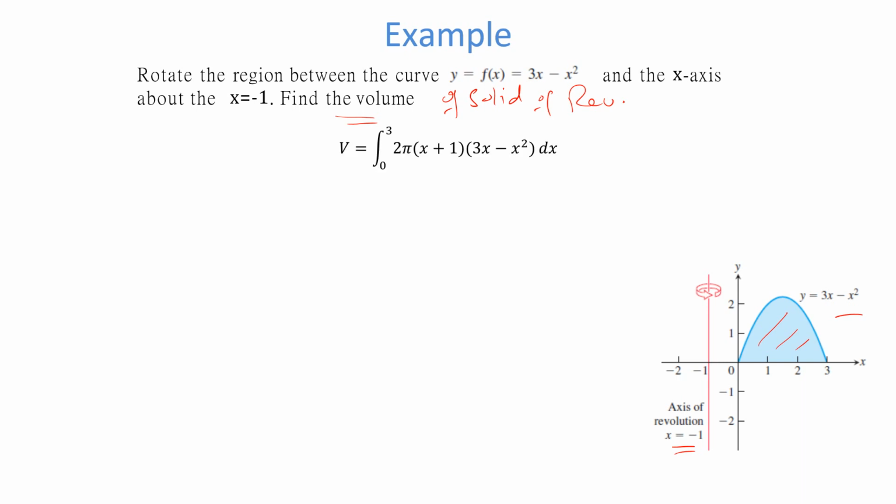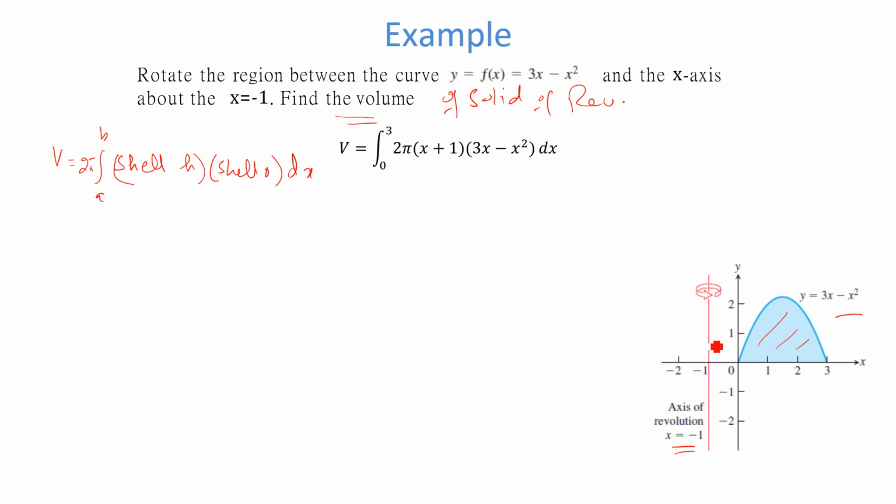So, let me write the formula. We have the integral from a to b of 2 pi times shell radius times shell height dx.